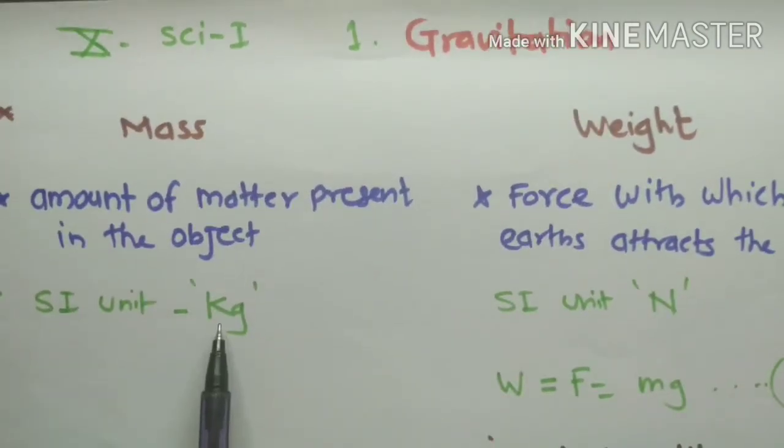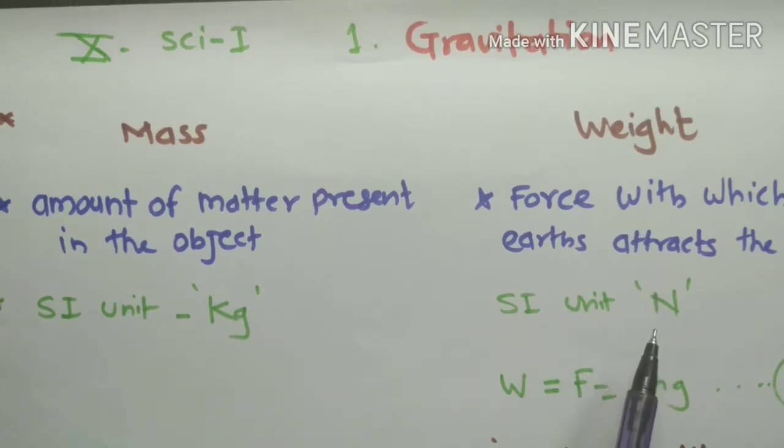Mass is always in kilograms, and the SI unit of weight is the Newton. Newton is the SI unit of force. So mass and weight are different concepts. The weight being a force, its SI unit is the Newton.